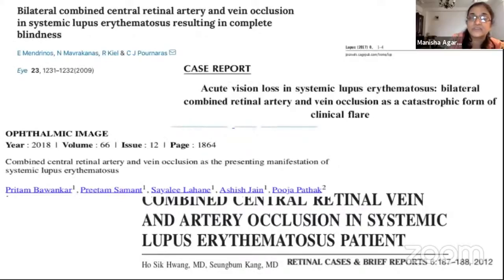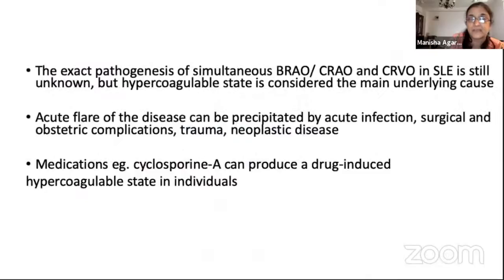When I reviewed the literature, there were several anecdotal reports of cases of SLE who have presented with combined occlusion. The exact pathogenesis of a simultaneous BRAO, CRAO and CRVO in SLE is still unknown, but it is the underlying hypercoagulable state that is considered to be the main cause for a vaso-occlusive event.